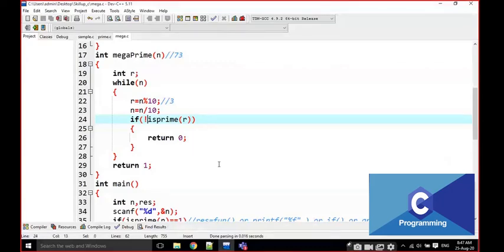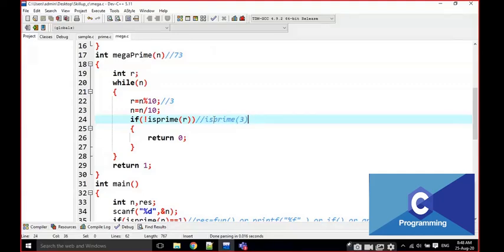Not a prime of, instead of that one. For example, here, what is prime of 3? What is it going to be written? Anyone? Is prime of 3. What is it going to be written?